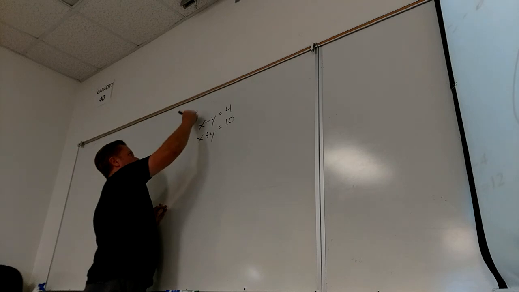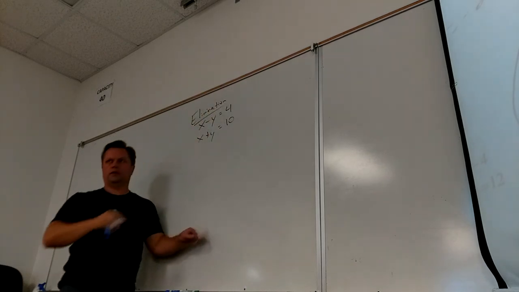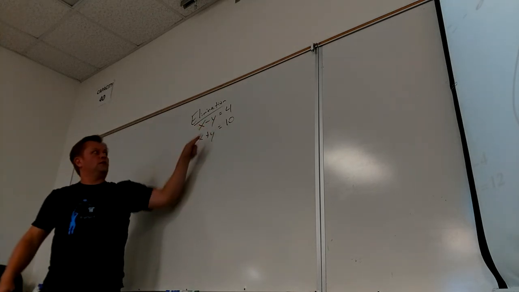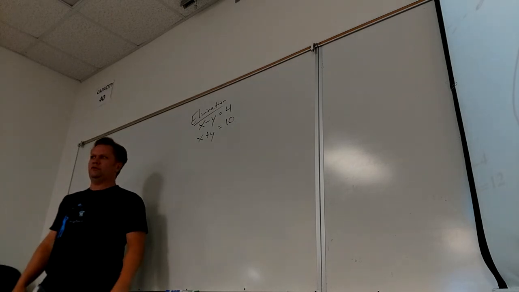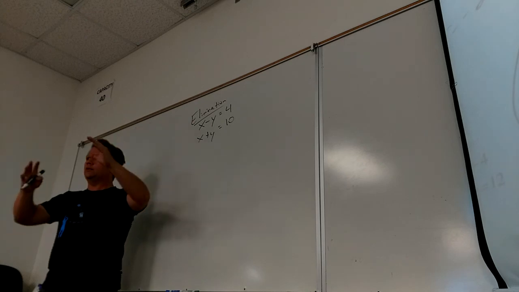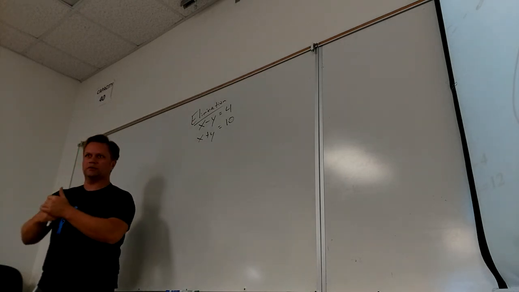I'm going to do it this way first just because this is the more important way. The problem with either one of these is there are too many variables. The number of variables is too high. So I love the elimination method because it's very direct. It says, let's kill one of these stupid variables.